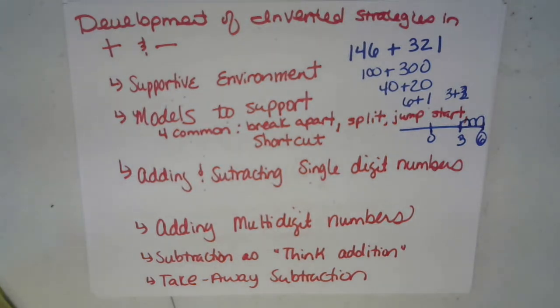This fluency must be built with years of exploration using concrete models or drawings and strategies based on the inverse relationship between addition and subtraction, place value, and the properties of operations.